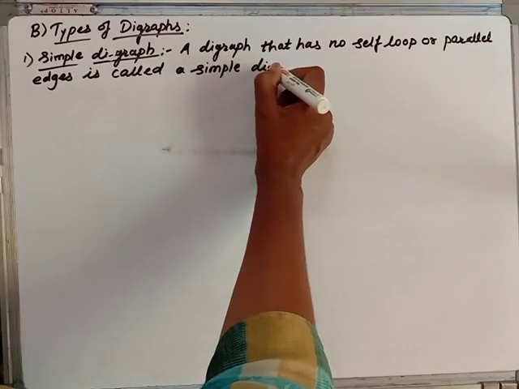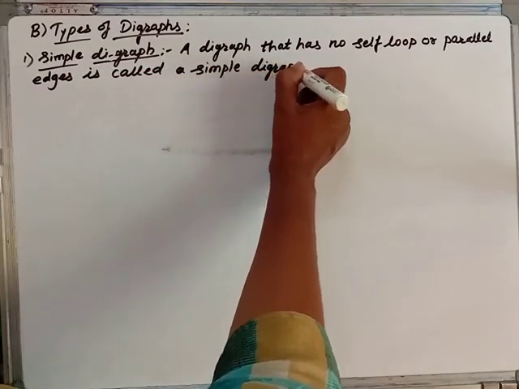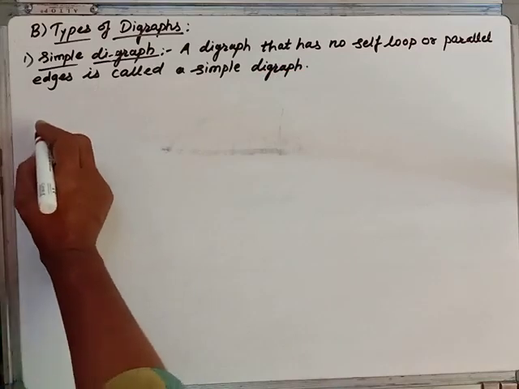It is a directed graph but without self loops and parallel edges.